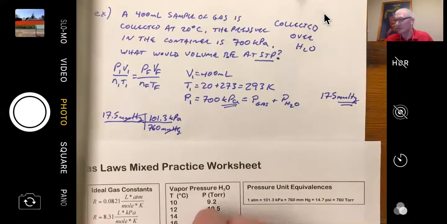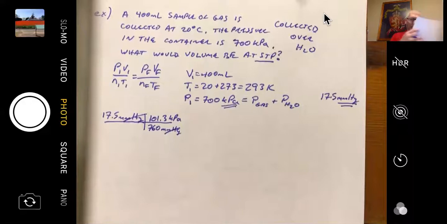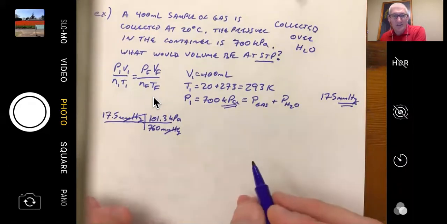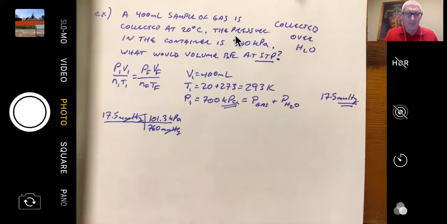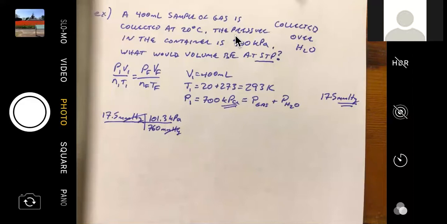So we're going to do a little bit of math real quick. I'm going to pop open my calculator here, and we're almost done, guys. 17.5 times 101.3 divided by 760. So I'm getting that this is 2.33. Is that right? That's what I got. Okay.